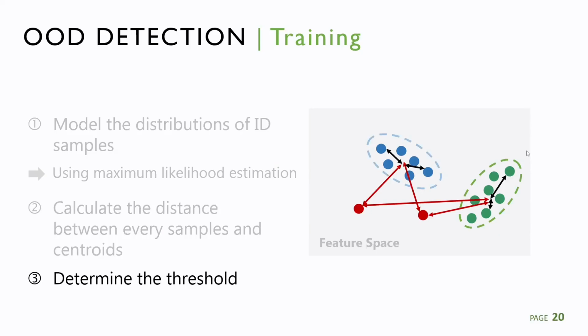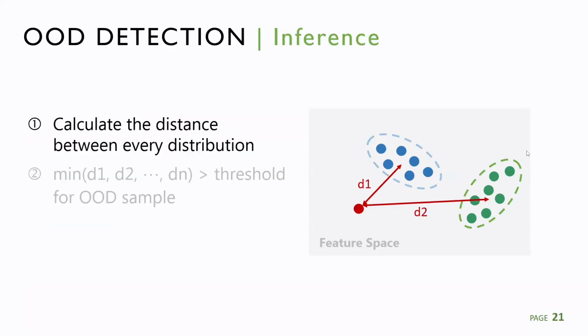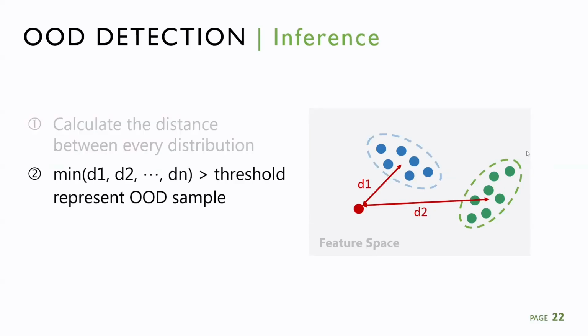Actually, we determine the threshold. If the point is beyond the threshold, it is an OOD, but it has to be beyond the threshold of all the crops. We have 20 crops, so we need to do this 20 times.